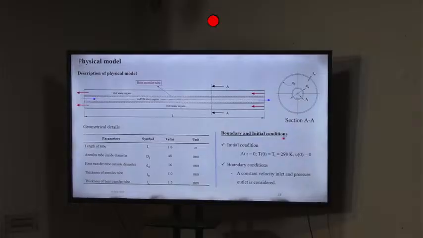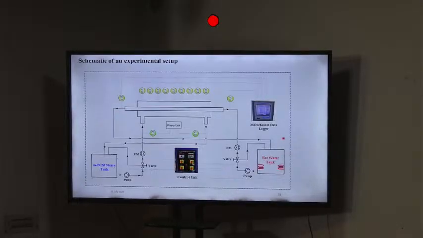So this is the physical model of what it is and how the heat transfer system works.